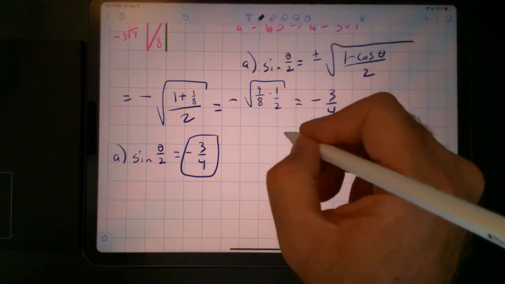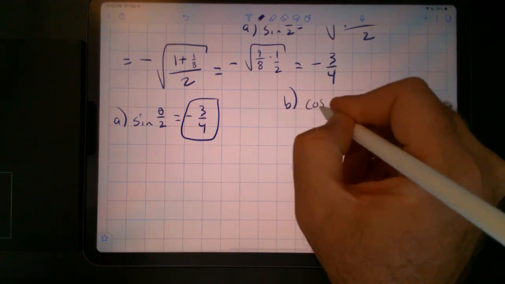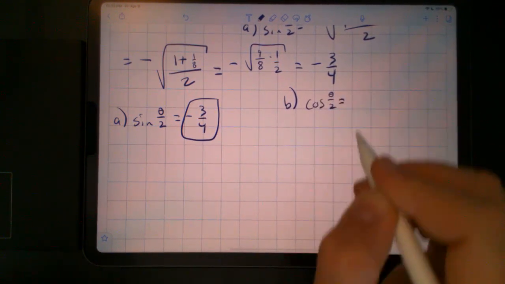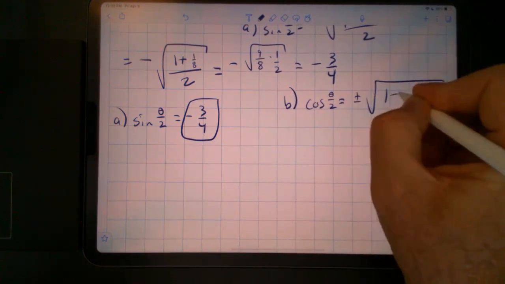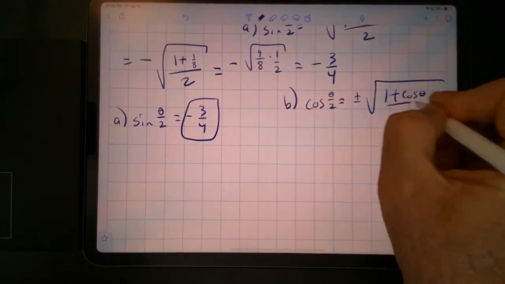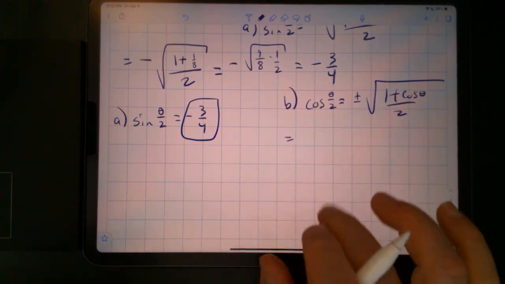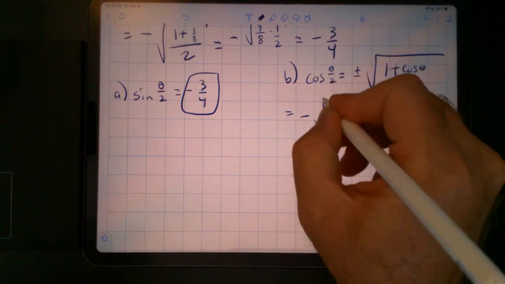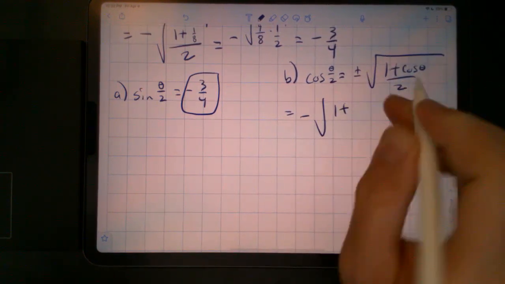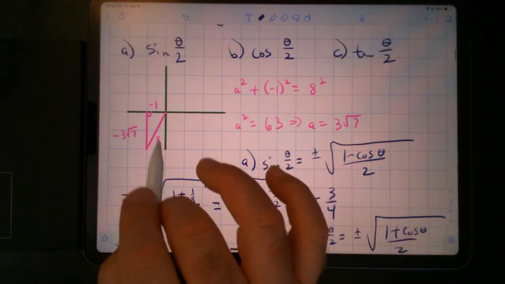And then for the b part, cosine of theta over 2. So this is plus or minus the square root of 1 plus cosine theta over 2. So cosine is negative in quadrant 3. Negative square root of 1 plus, we have negative 1/8.